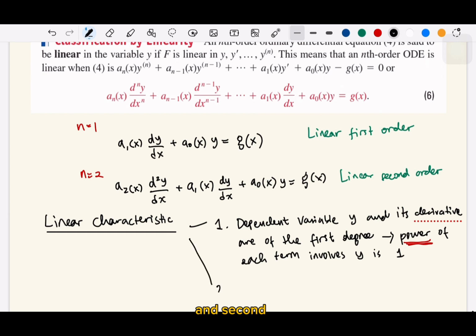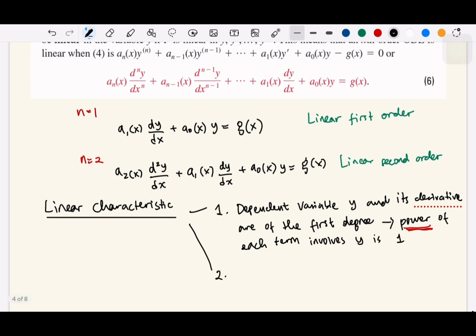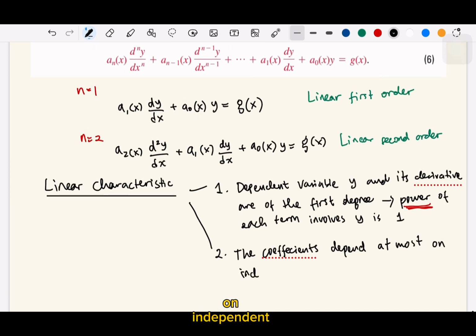And second, the coefficient depends at most on the independent variable x.